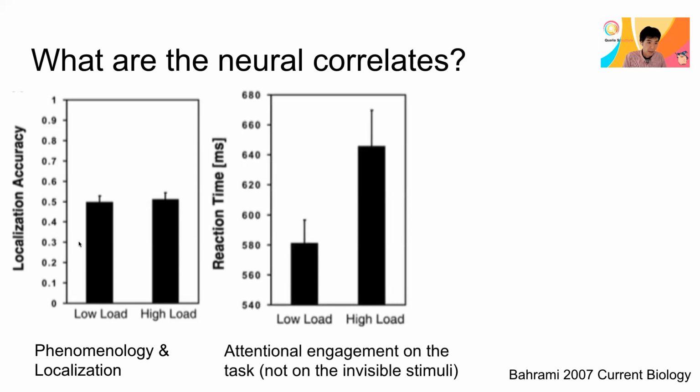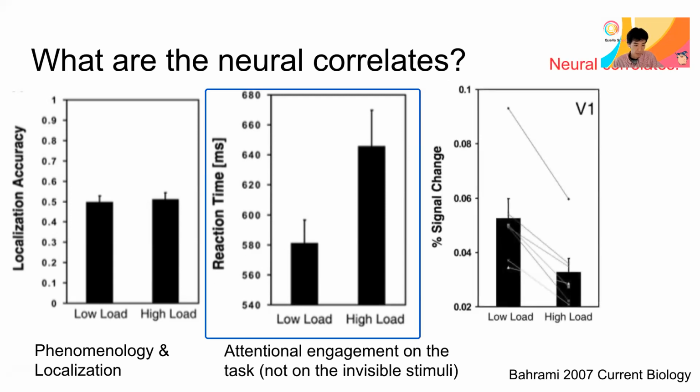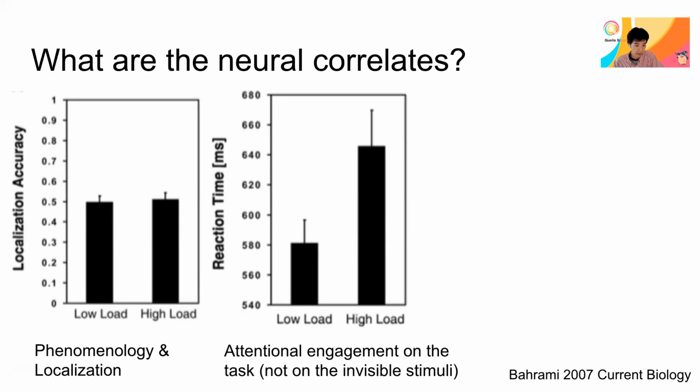On the other hand, reaction time of the central task gets modulated. And this is just a simple check of the attentional engagement of the task itself. Right? If you are doing the very easy task, then it's easy to respond, so the reaction time is fast here.